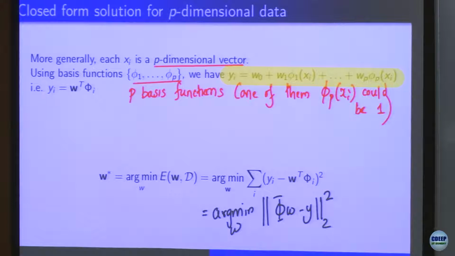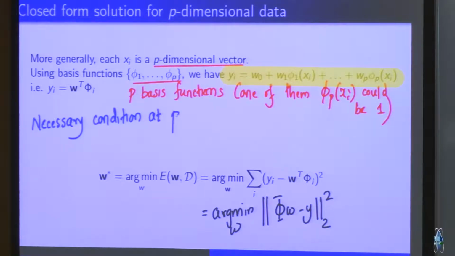Yes. So let's write down the necessary condition. So this is actually the necessary condition of optimality. So what would you require?